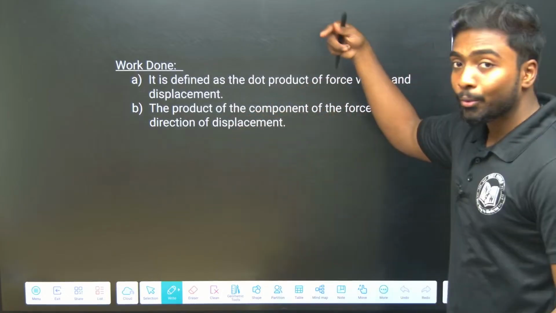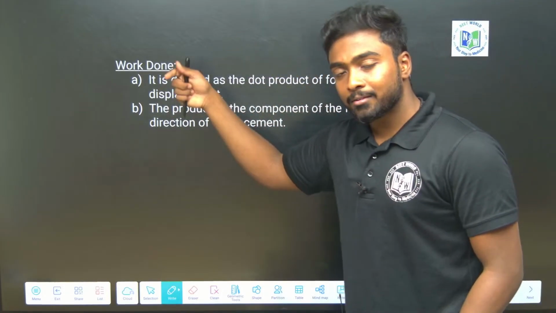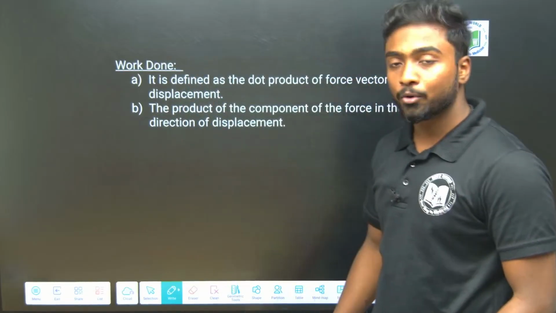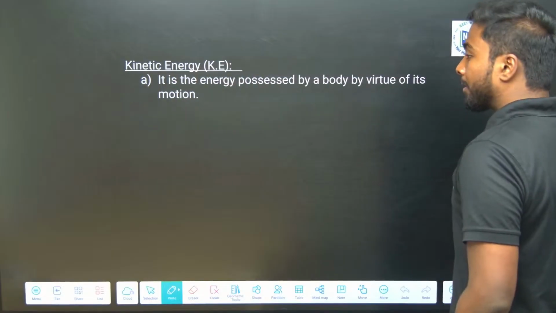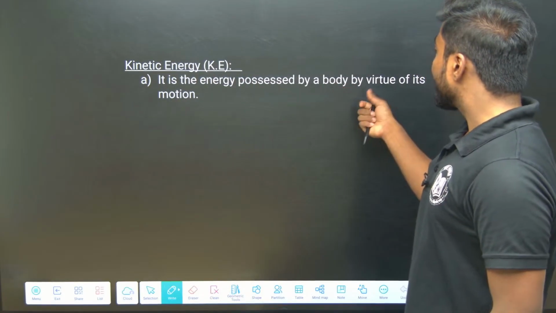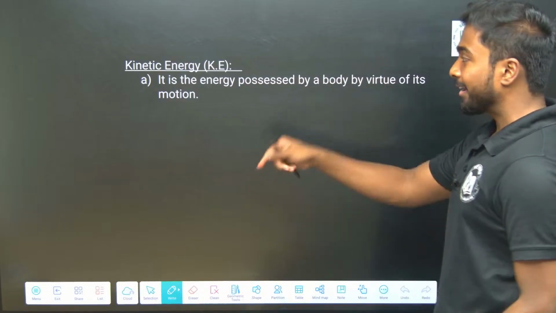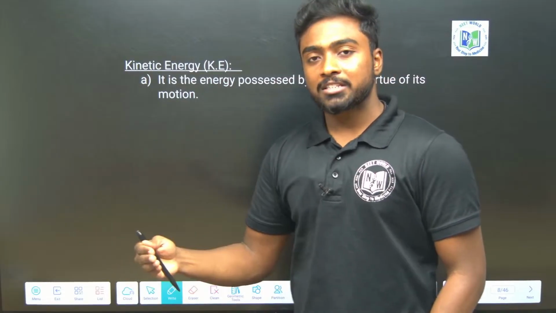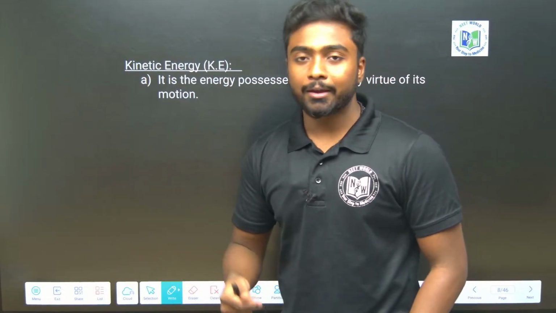Either you can write these 2 points or whatever points I have told in the previous slides. Kinetic energy is the energy possessed by the body by virtue of its motion. Like the moving object will have energy, that energy is said to be kinetic energy.